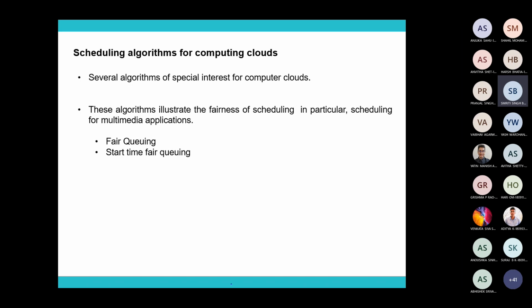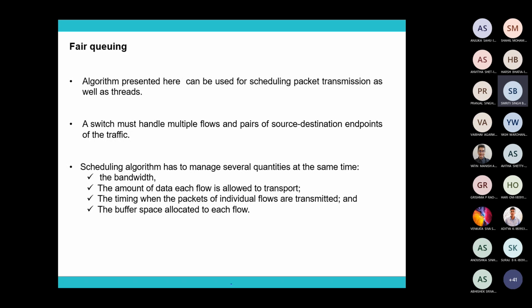Okay, so next we look at algorithms, some ideas that are maybe suitable for multimedia applications. One is fair queuing and start time fair queuing, where start time fair queuing is a variation of fair queuing itself. As I mentioned, whenever I say fairness, people may have different ways of distributing the resources.